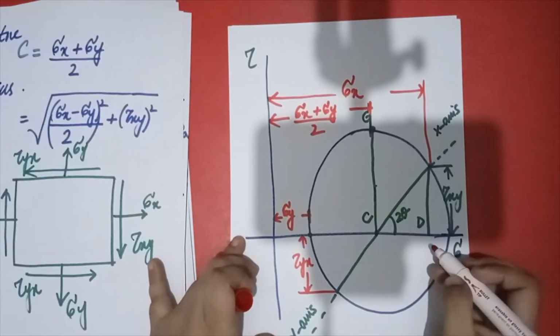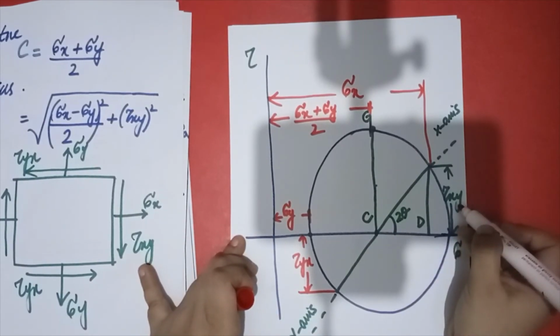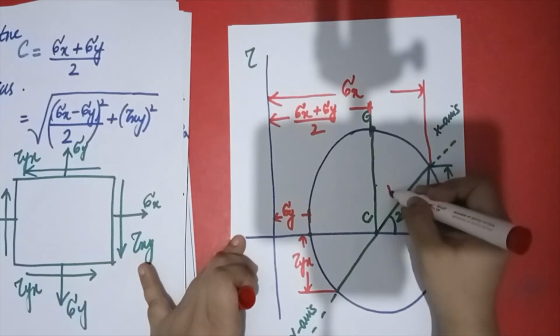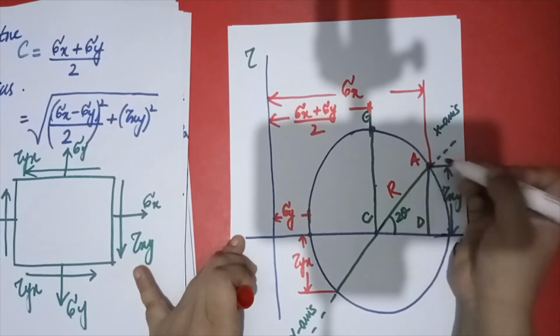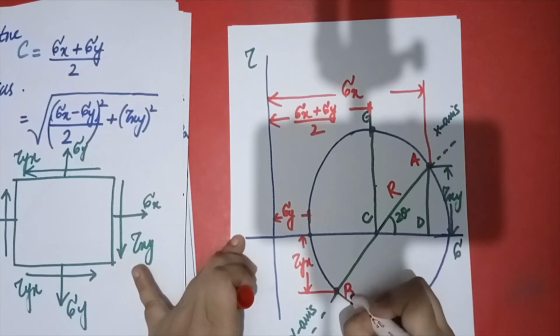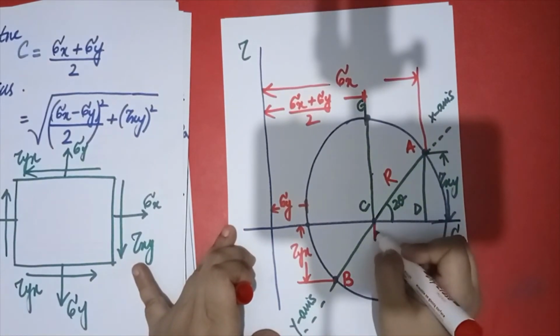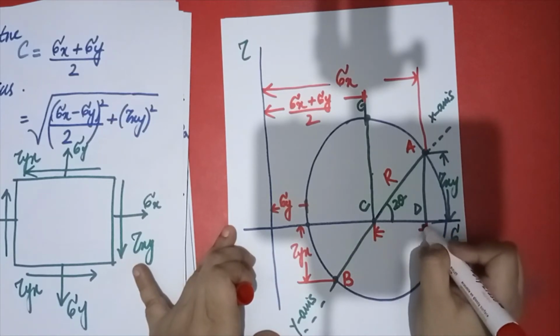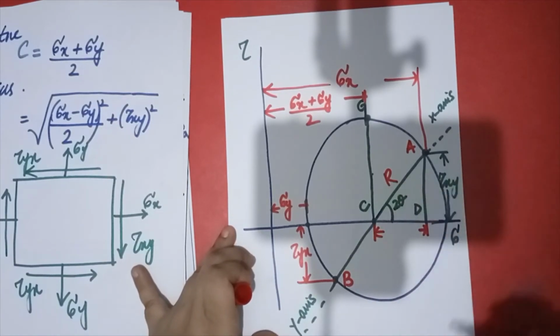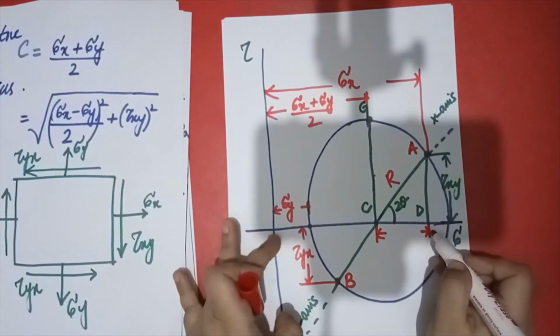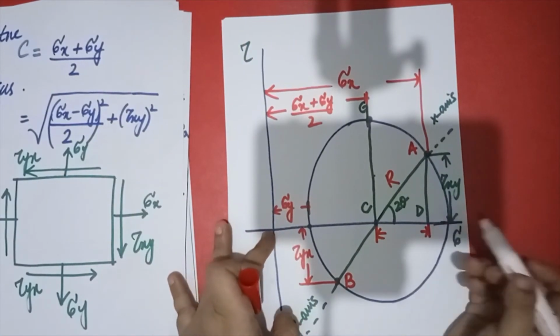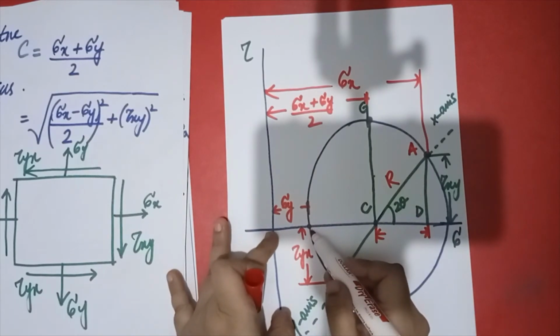Now what I am going to tell you, if this is tau xy, so this will be the radius, this is the angle, this point is known as A, and this point is known as, for example, B. So what does it mean by that? If this is tau xy, if this is r, this distance is total sigma x, and this distance is sigma y.